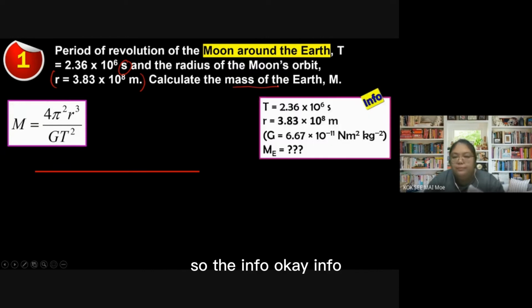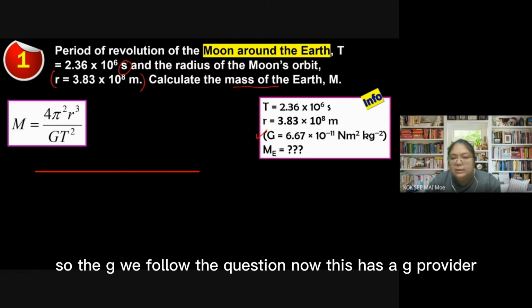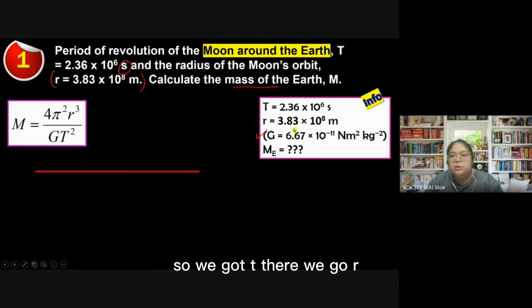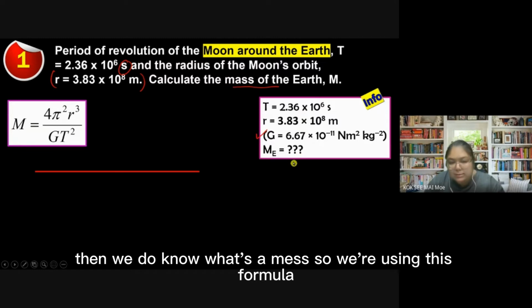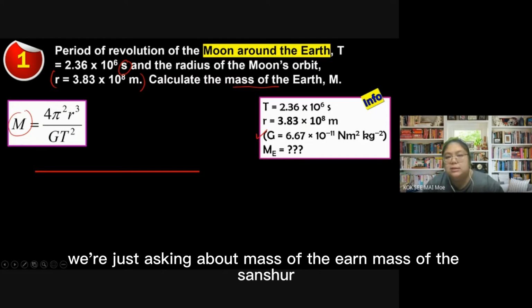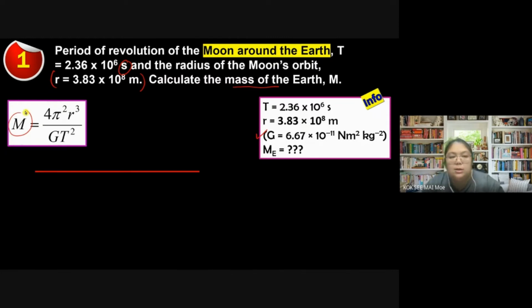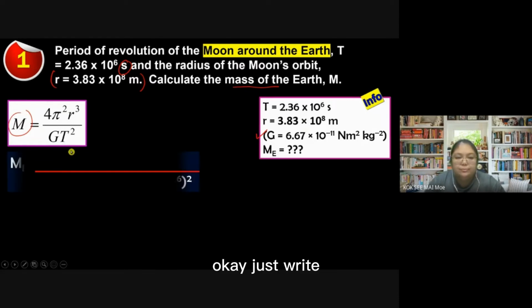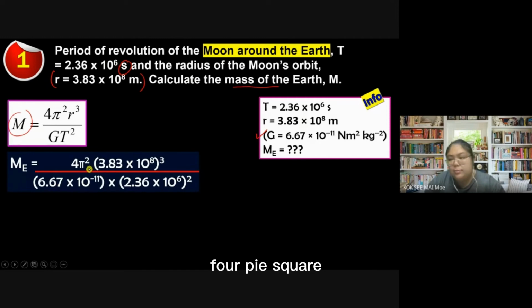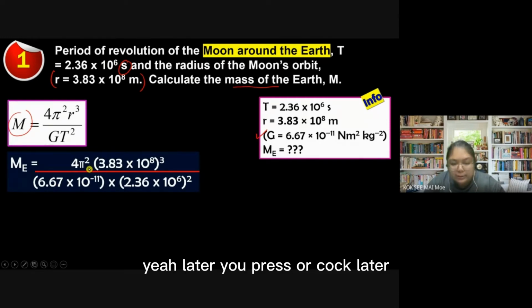So the info. The G we follow the question; this is the G provided. We have T, then we have R, so we can find the mass. We are using this formula, when they're just asking about the mass of the Earth or the mass of the sun. Apply everything: write 4 pi squared, and later press your calculator.